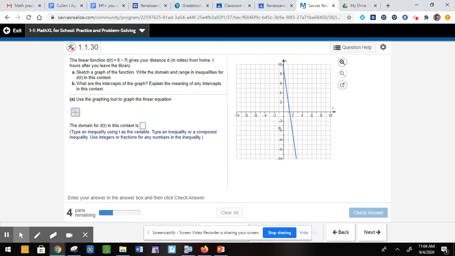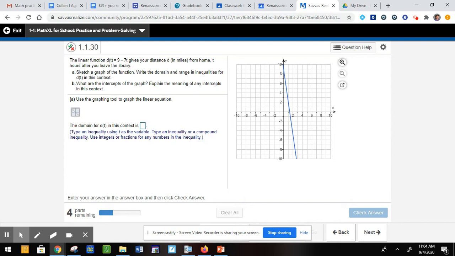And then your d value, your distance from home, can't be negative. Once your distance from home equals 0, that means you arrived at home.